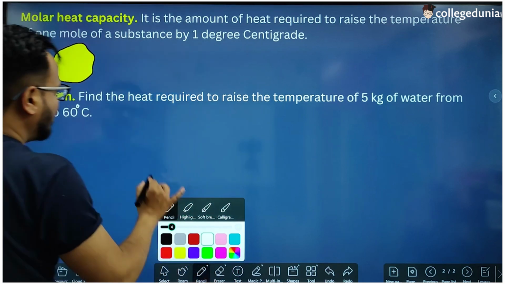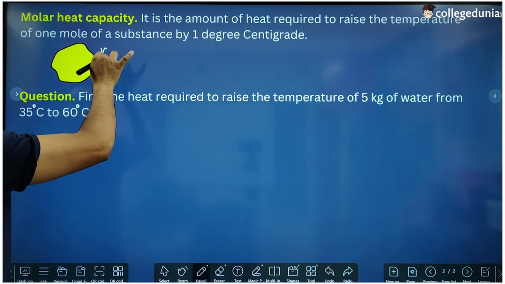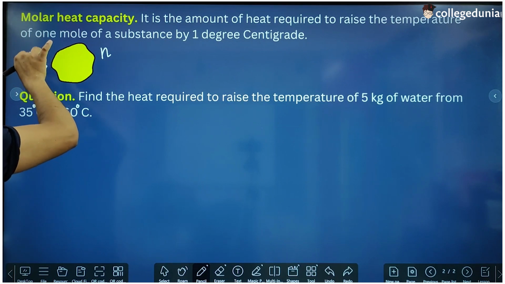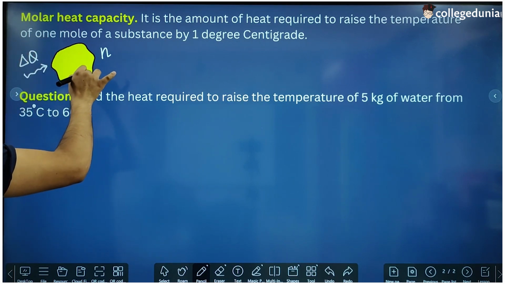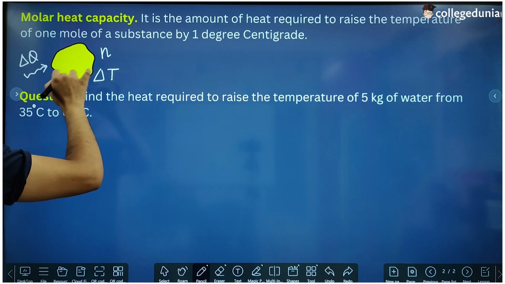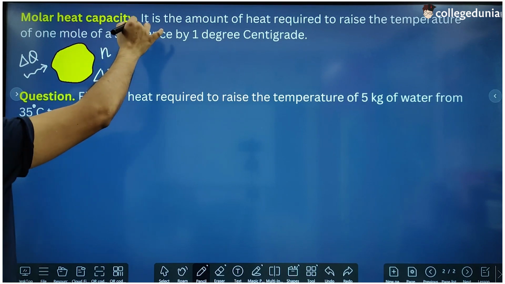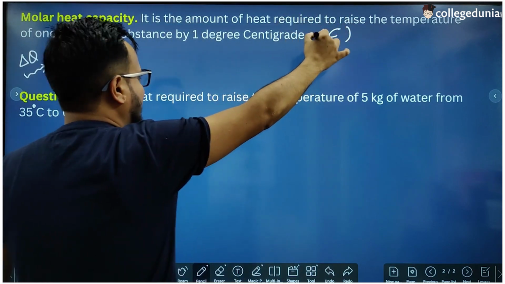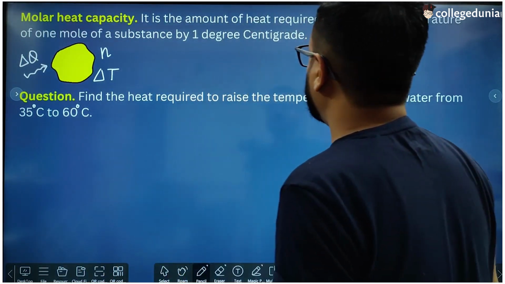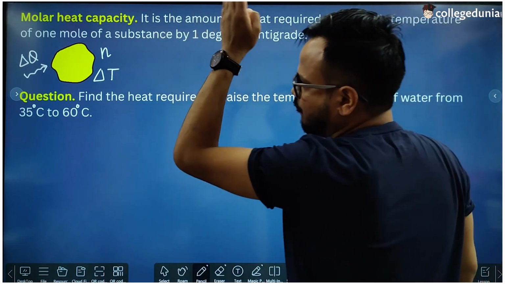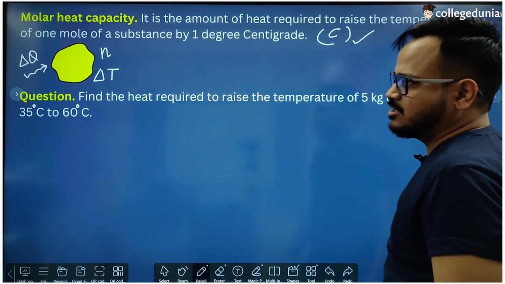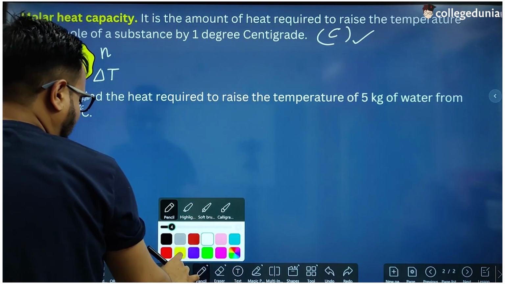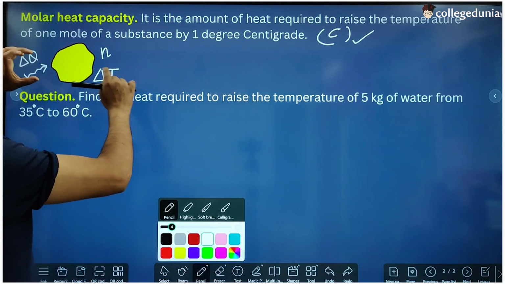Suppose this body has number of moles n, and we are giving some heat to this body, let's say delta Q, and we are increasing the temperature of this body by delta T. Symbol of molar heat capacity is capital C. So capital C is the amount of heat required to raise the temperature of 1 mole of this substance by 1 degree centigrade. But in this case we are having n moles.